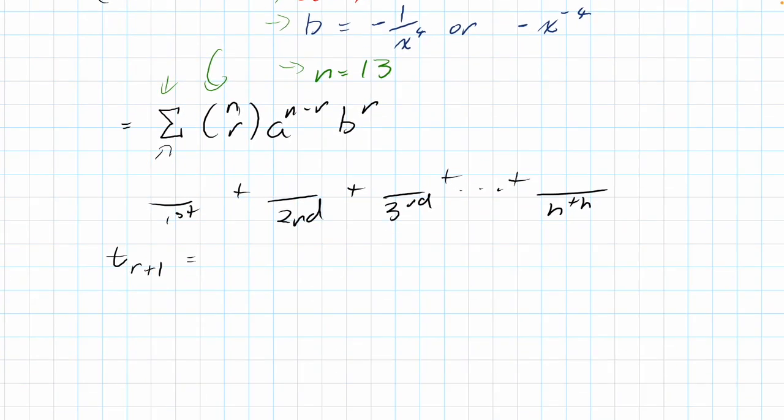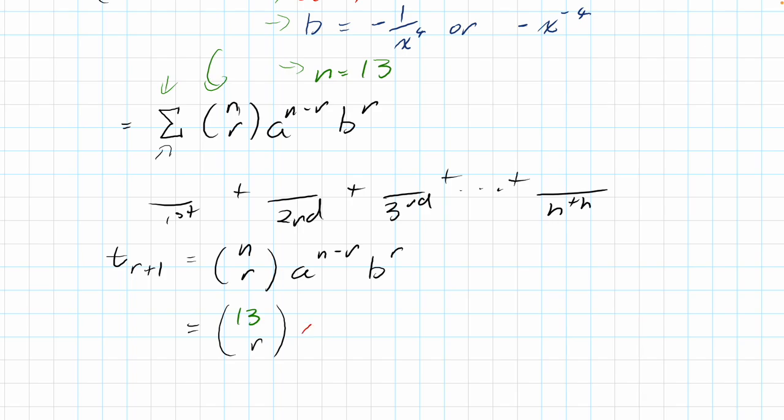So we have this term value with this general formula where we have n choose r, a to the n minus r, b to whatever r is in this case. It turns out n was 13, so we're going to plug that in. We have 13 choose r. r is unknown. That's literally what we're trying to solve for. A happens to be x. Maybe I'll write it in red so it's a little more familiar.